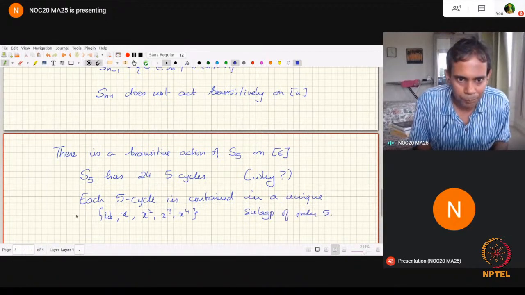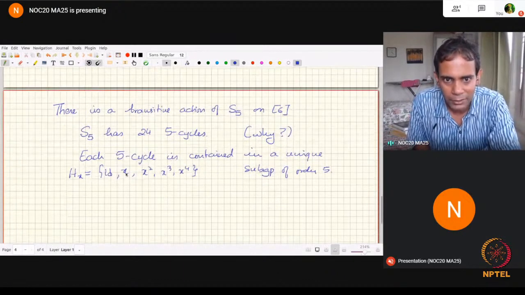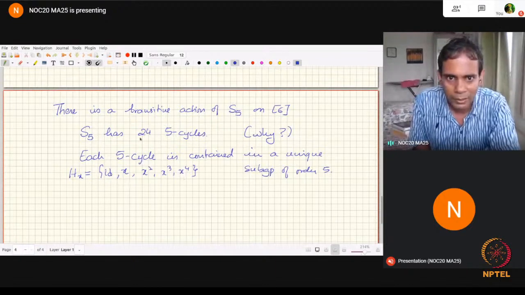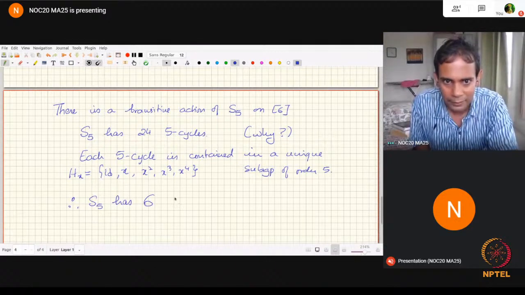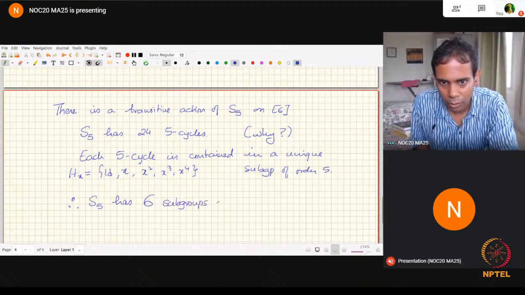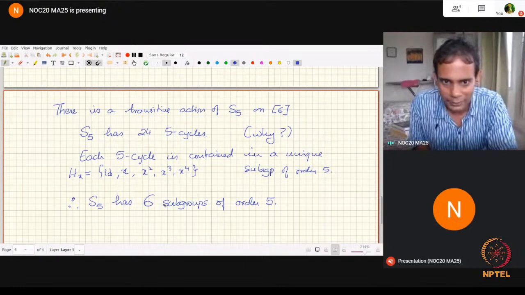I'll call this subgroup H_x. Now this H_x has 4 5-cycles. All these powers of a 5-cycle will be 5-cycles, plus the identity element. There are 24 5-cycles, therefore S5 has 24 divided by 4, which is 6, subgroups of order 5. Because of these 24 5-cycles, 4 of them are in one group. So 24 by 4 gives 6.